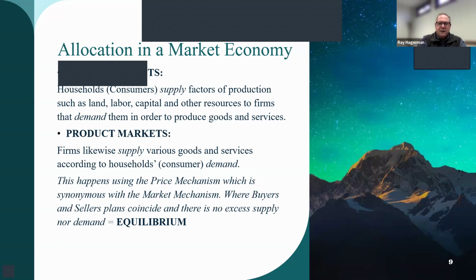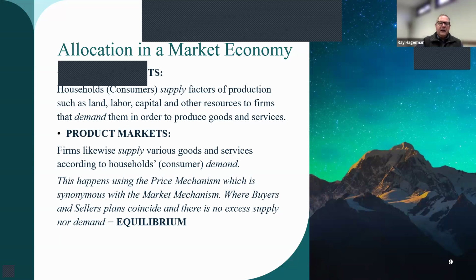They need the land because they need a place to have the business. They need the labor. They need to have employees so that they can pay them to produce goods and services. And they need capital, whether it's capital assets like a piece of equipment, or working capital so that they can afford to pay their employees before they actually get paid by the customers. So the households providing the factors of production is considered a factor market.